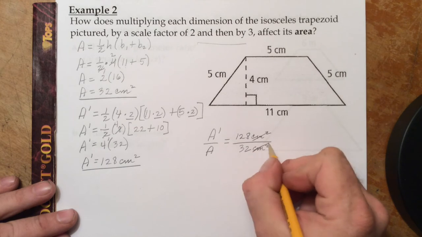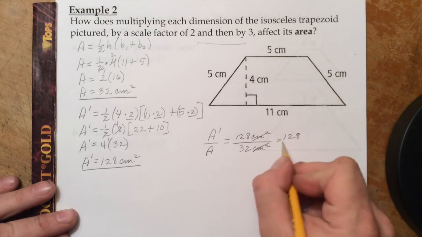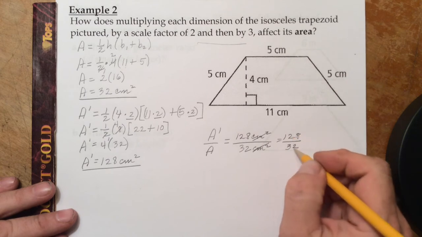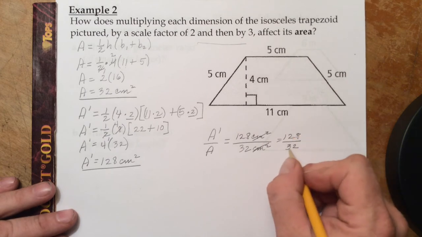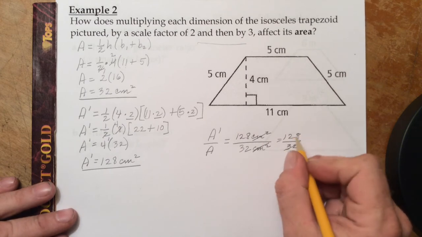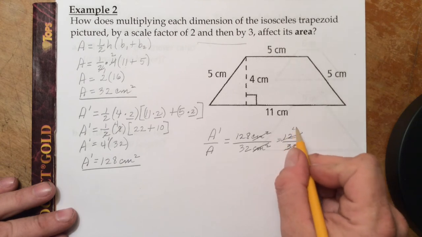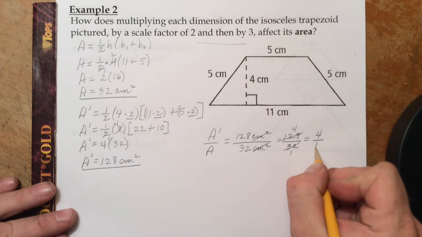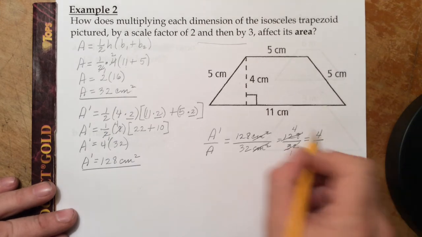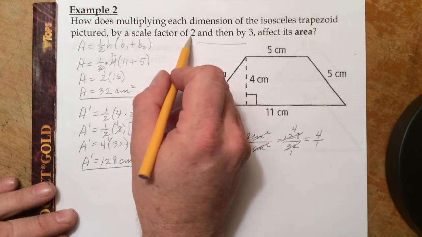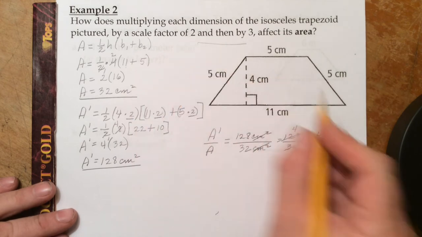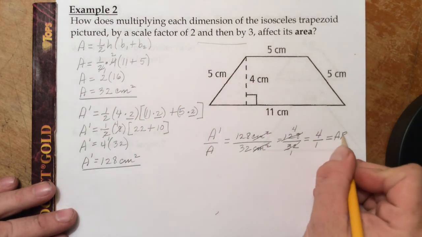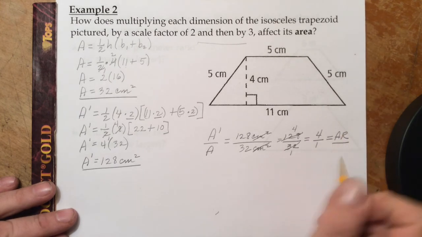Square centimeters both divide out, we get 128 to 32. 128 over 32 does reduce by 32. 32 goes into 32 once, and 32 goes into 128 4 times. So we get a factor change of 4 to 1 for our area. Even though we used a scale factor of 2 for our dimensions, our area is 4 to 1. This is our area ratio, AR.